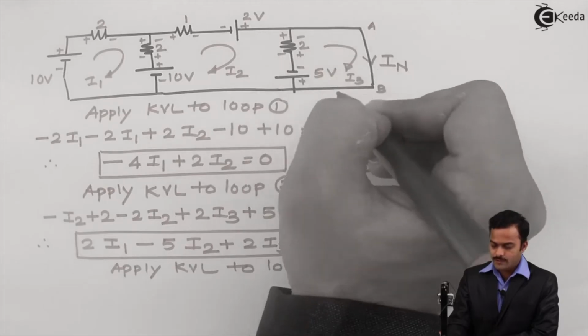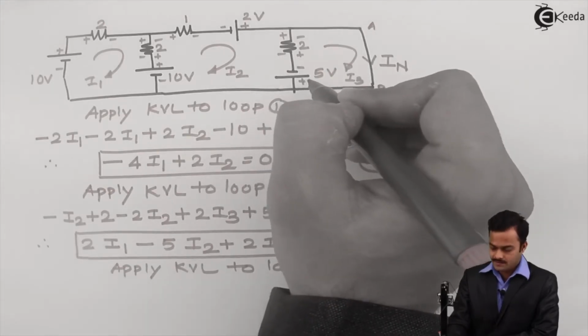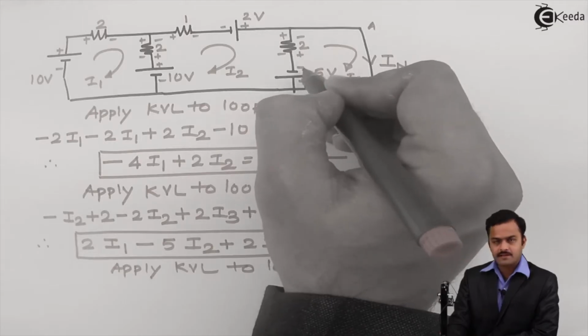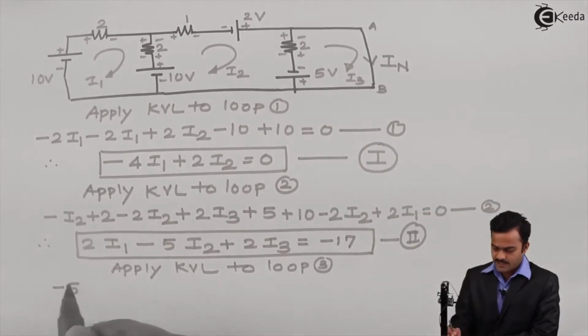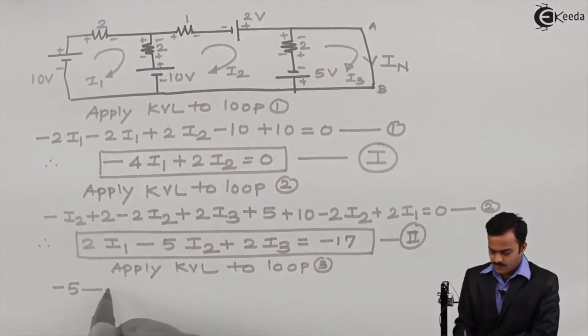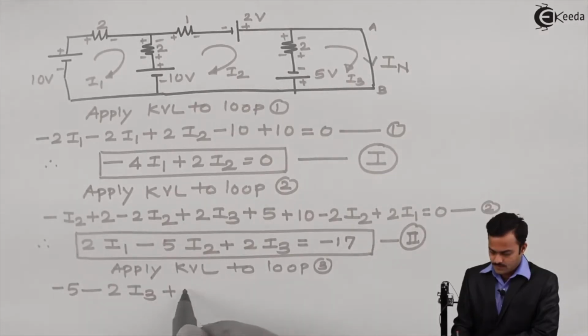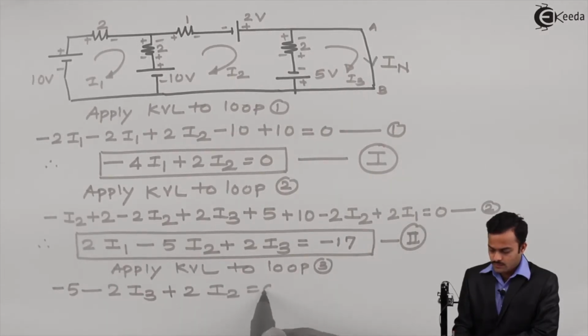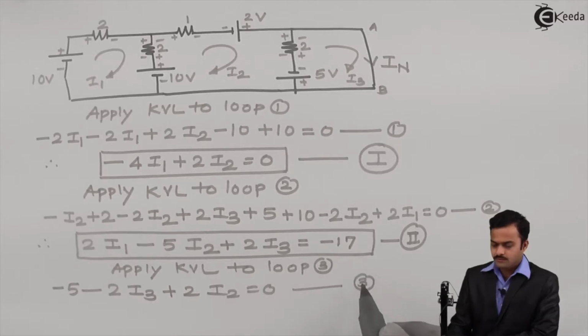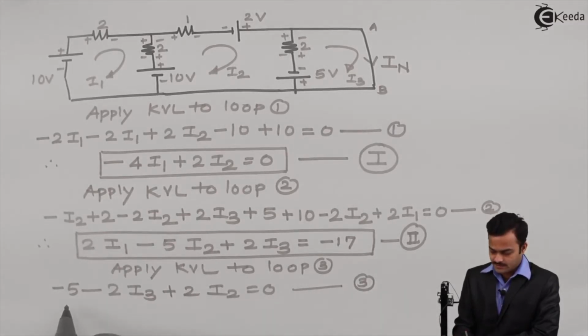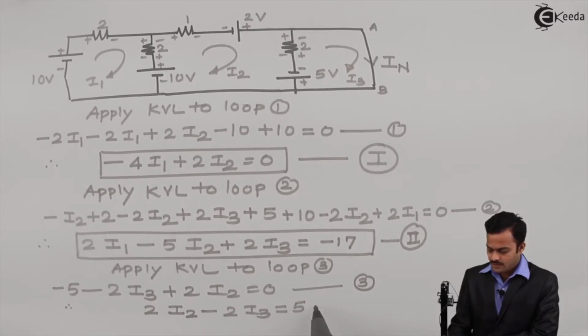From here to here there is no element. The first element which is appearing is this, which has a polarity plus minus. It is minus 5 plus minus, minus 2I3 minus plus, plus 2I2 equal to 0, equation 3, which will have a simplified version like this: 2I2 minus 2I3, minus 5 will go to that side, becomes 5, equation 3 in Roman.